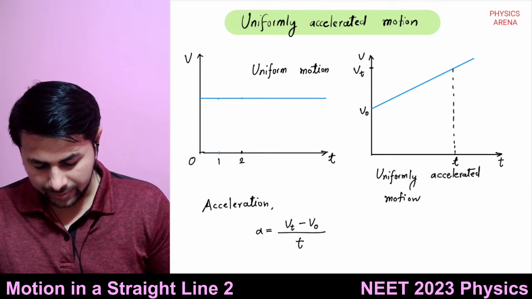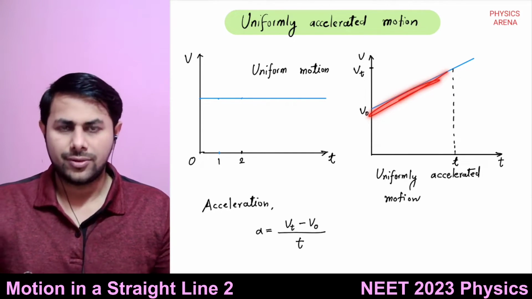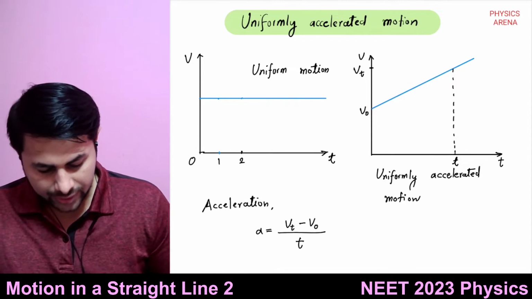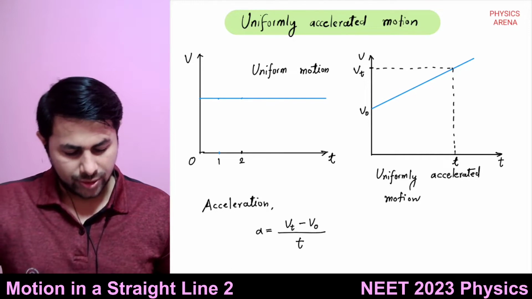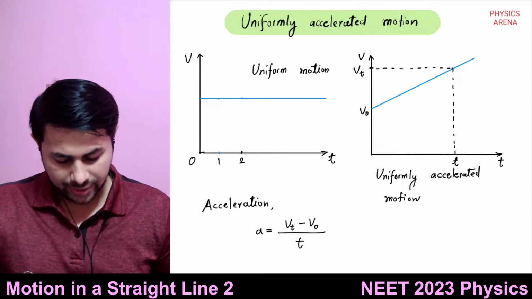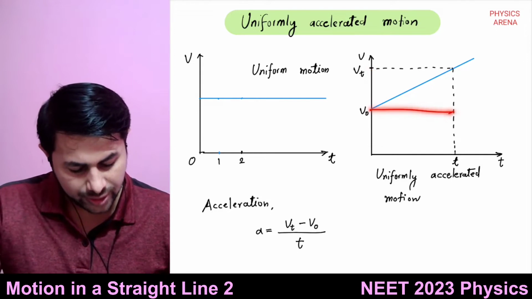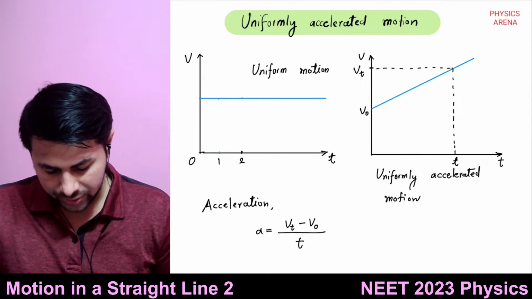If you look at this graph, this acceleration is the slope of this line, right? If I draw this perpendicular, what will be the slope of this line? Change over the vertical axis, which is this much, divided by change over the horizontal axis.